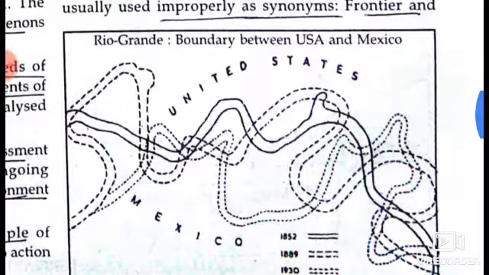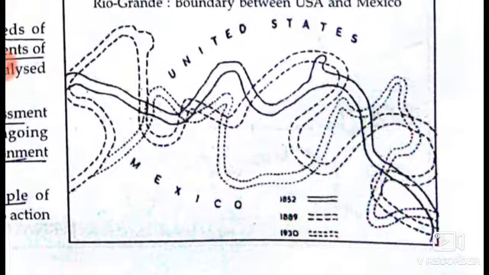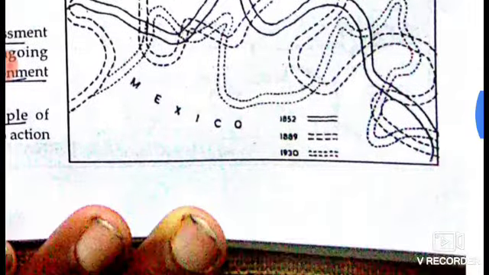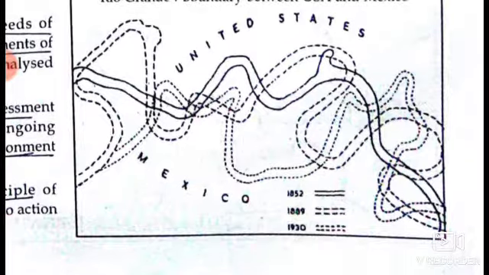So you can see in US Mexico 1852, 1889, and 1930.